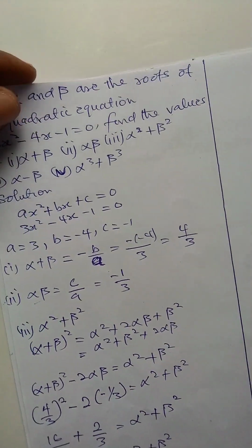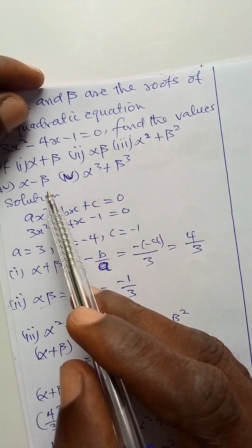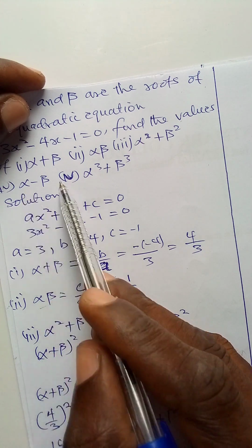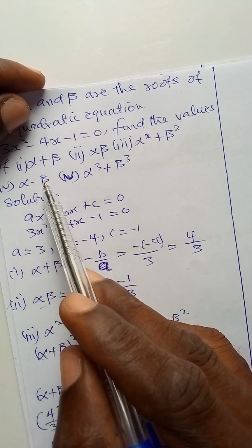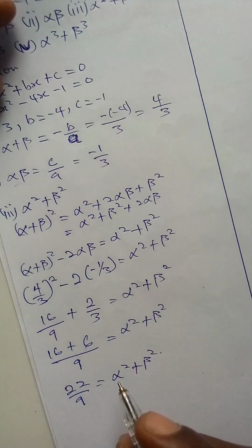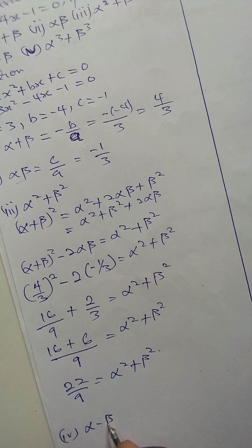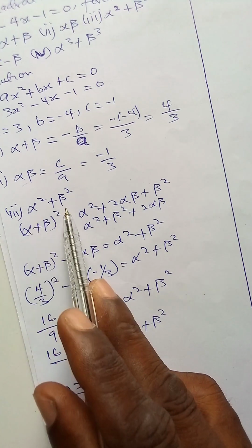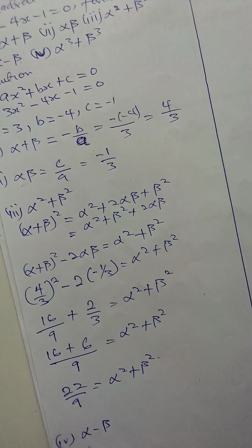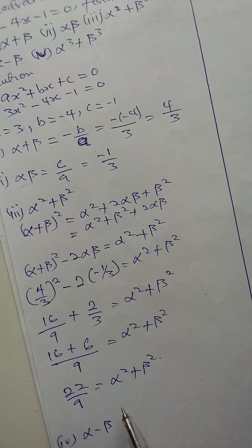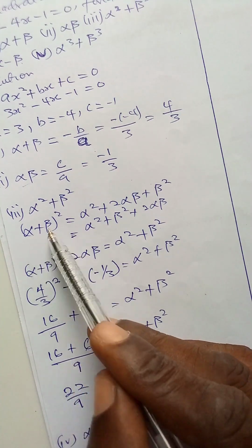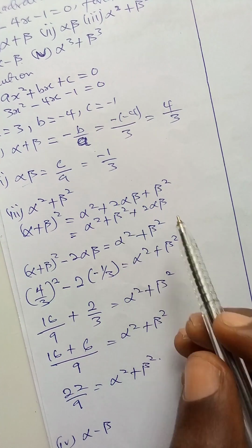The next one we are required to look for is the difference between the roots, alpha minus beta. Also, like we did in the first case, we need to express alpha minus beta in a form that will have the sum of roots and the product of roots.